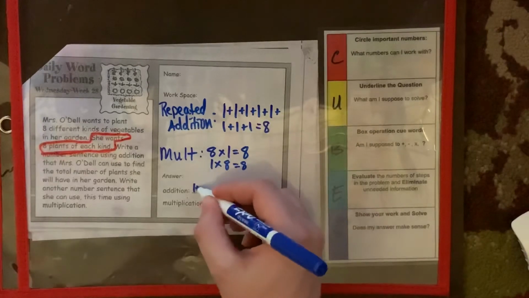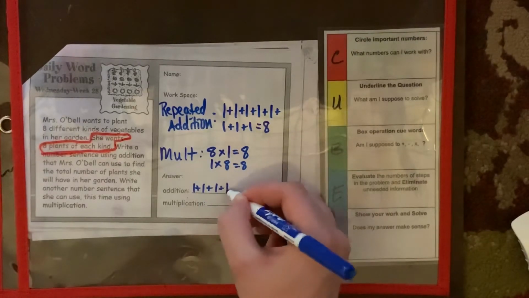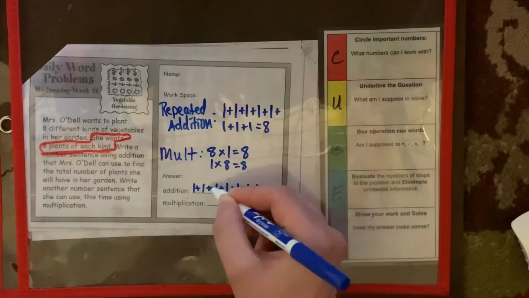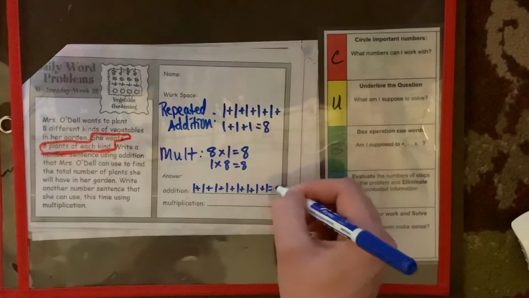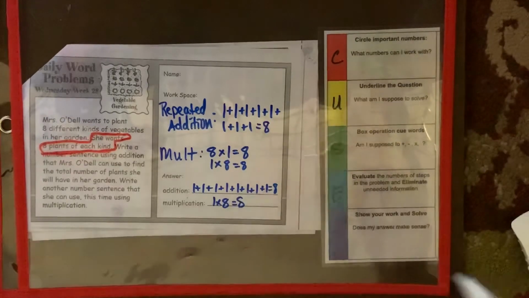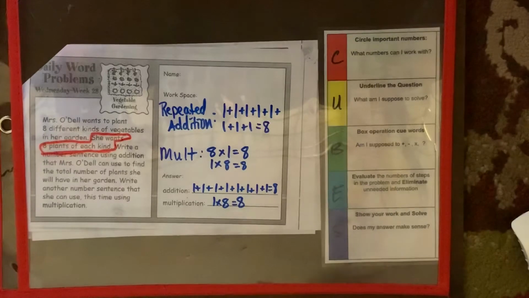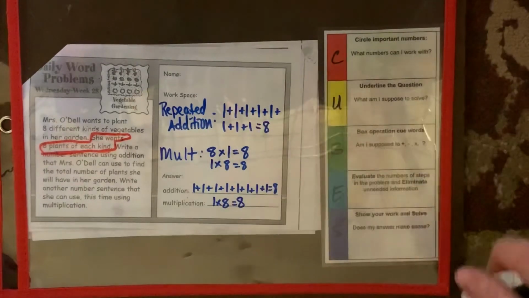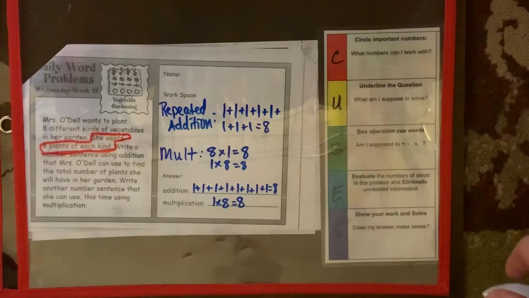So 1 plus 1 plus 1 plus 1 plus 1, 2, 3, 4, 5, 6, 7. And 1 times 8 equals 8. Okay. We use repeated addition and we use multiplication. Each plant is going to be different in her garden, 8 plants, and we can do that with multiplication.